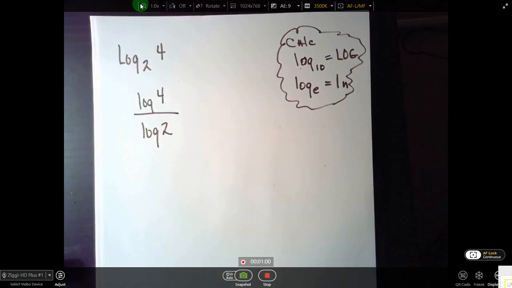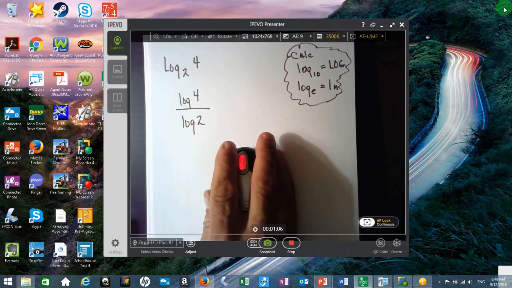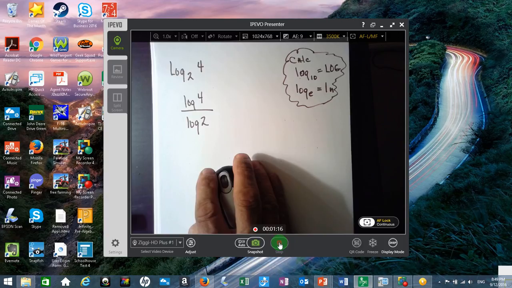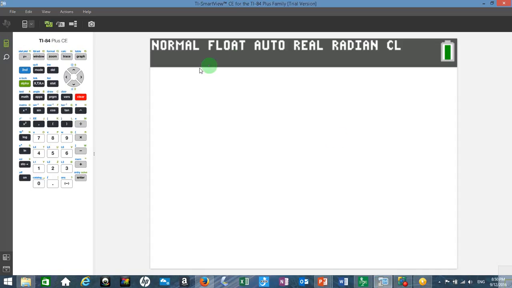So if we were to take that and put it in a calculator, we would find, I'm trying to keep everything straight.